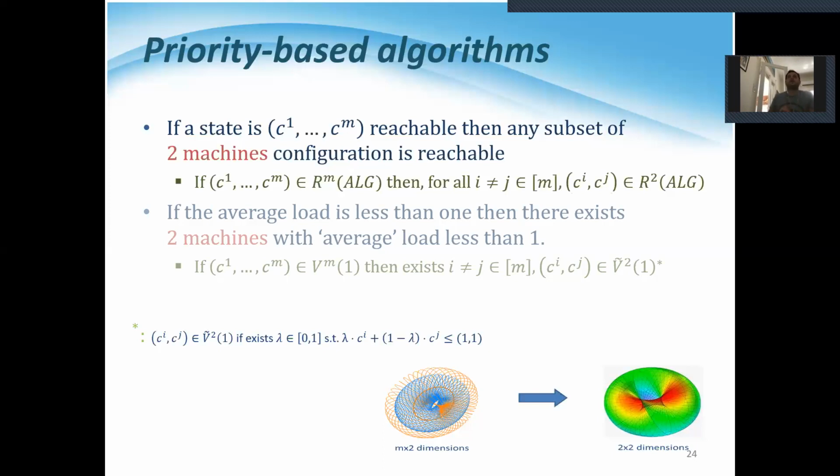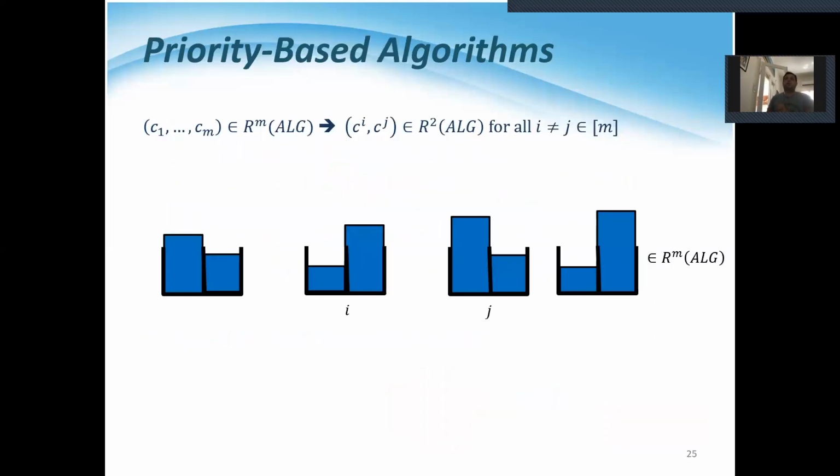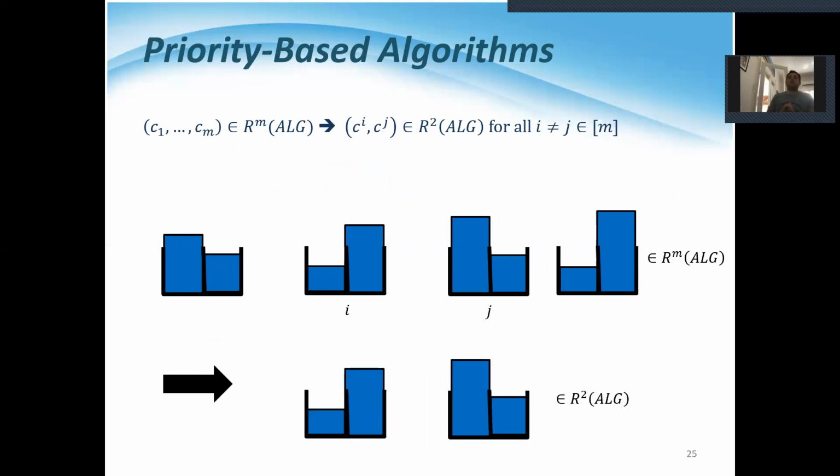I need to show that any subset of 2 machine configuration is reachable. And this is quite obvious when I deal with a priority-based algorithm. If I reach this state with m machines, any 2-machine subset is reachable as well. So ij is reachable in this set, and I need to show that it is also reachable if I look at the algorithm on just 2 machines.